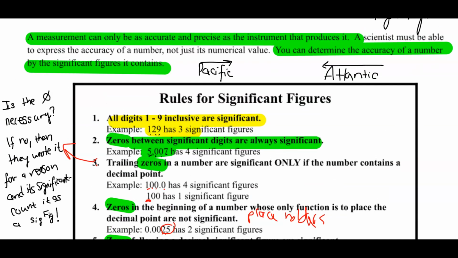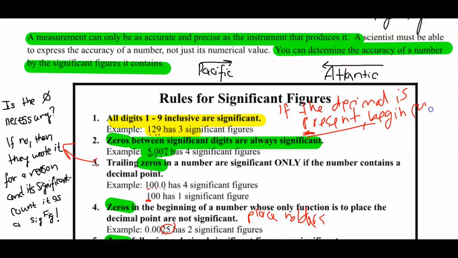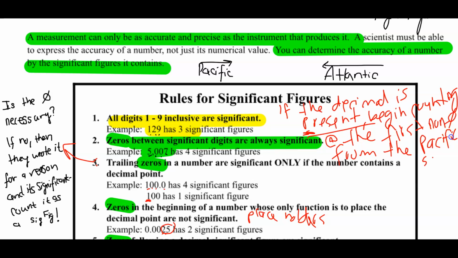Instead, I have a little saying I say to myself. I say, if the decimal is present, so P for present, begin counting at the first non-zero from the Pacific side.